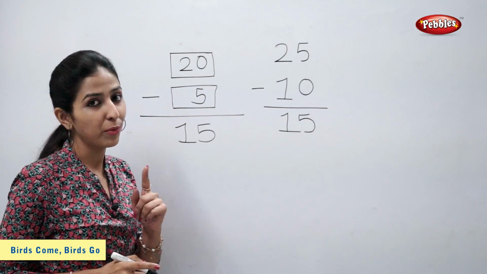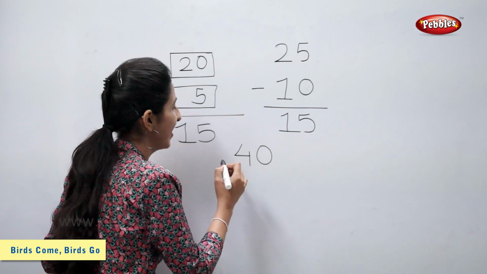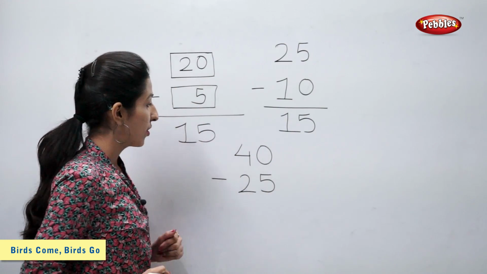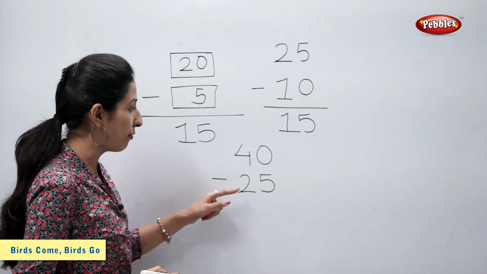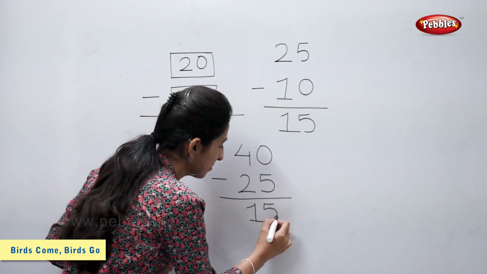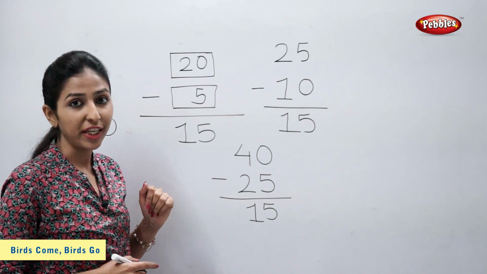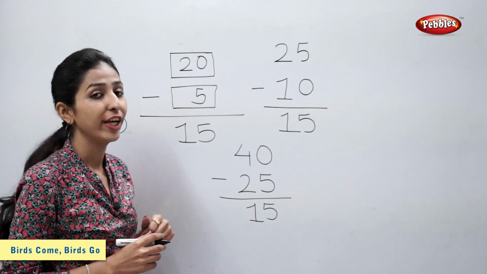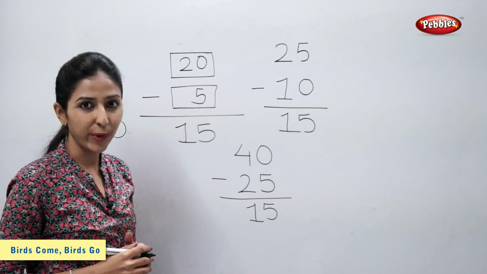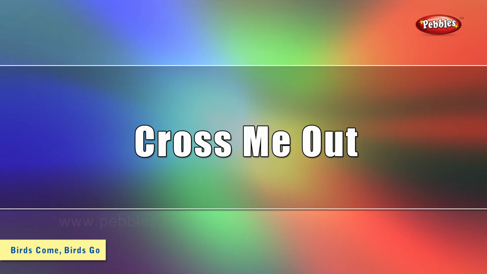Let us write one more combination. 40 minus 25. 40 minus 25 is equal to 15. So finally, the answer of all these combinations is 15. So students, I have used various numbers to get a particular number, that is 15.